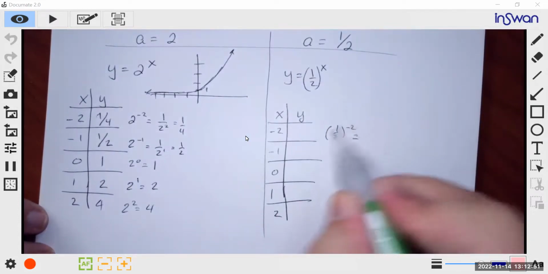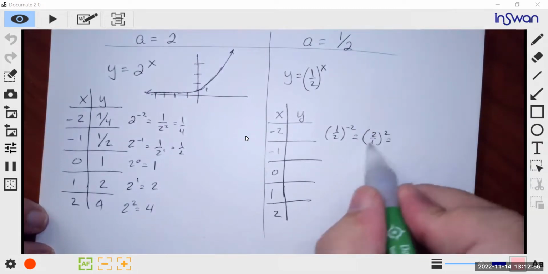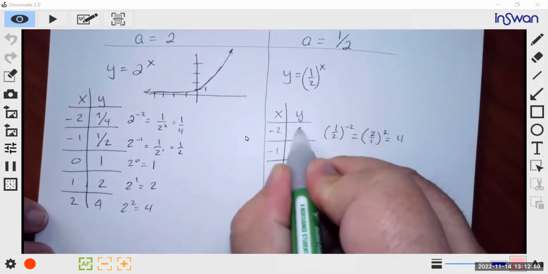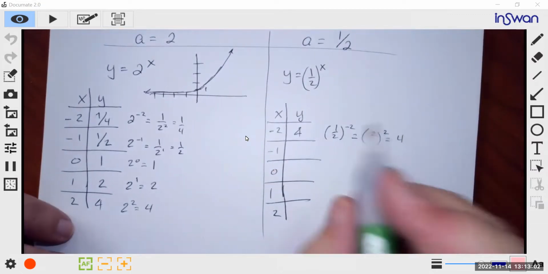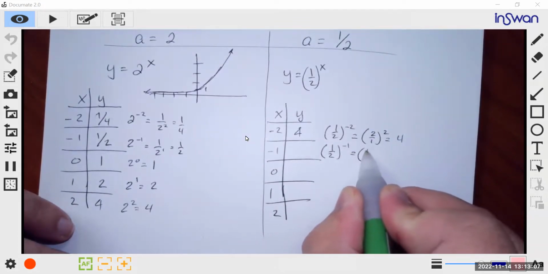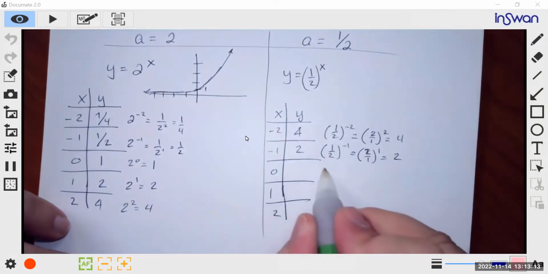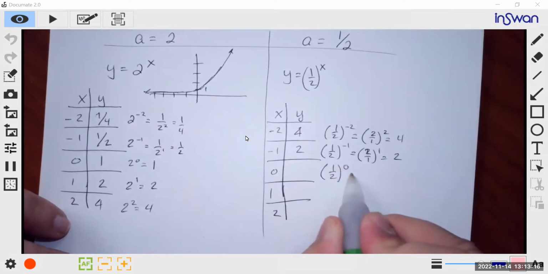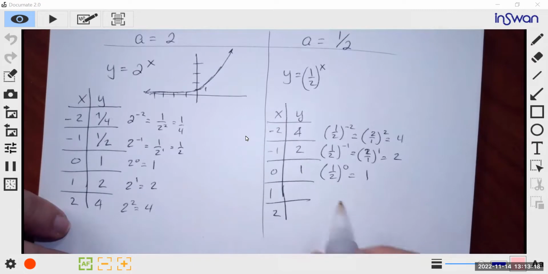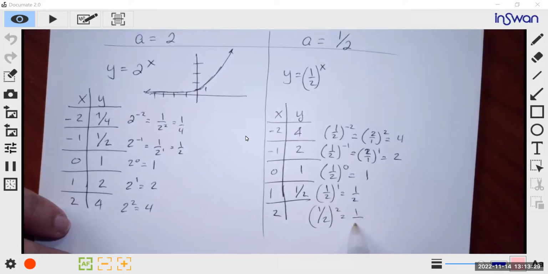The negative exponent means flip the fraction and square it. So 2 squared is 4. One-half to the -1 power: flip it. So it's 2/1 to the +1, which makes it 2. 1/2 to the 0 power is 1. 1/2 to the first power is simply 1/2. 1/2 to the second power is 1/4.